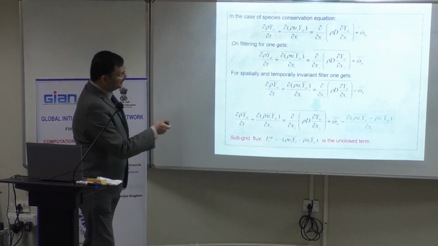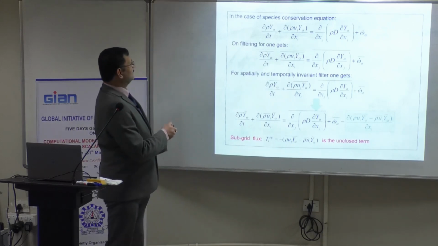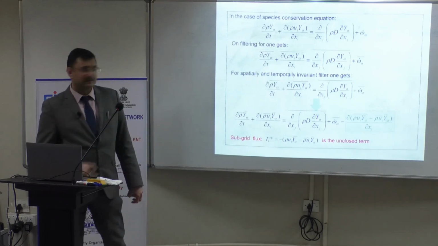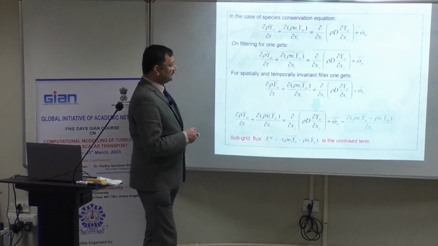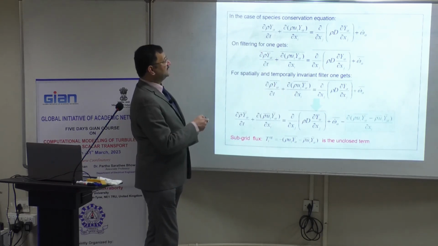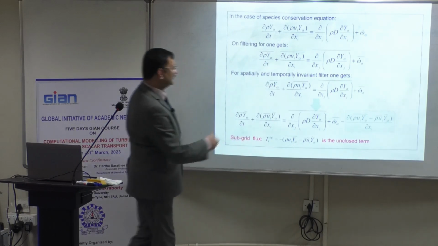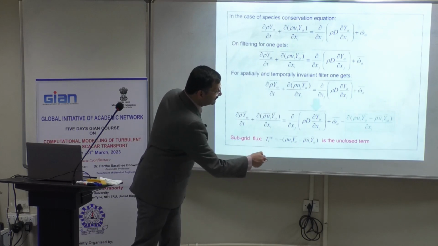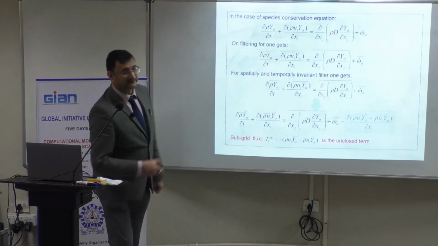In the same manner, if I consider a species conservation equation and filter it, I'll get this expression. If I consider a spatially and temporally invariant filter, then the derivative and filtering will commute, then I'll get this, and using the same trick, I will get this equation, but this one is going to be my unclosed term, which is the subgrid scalar flux.